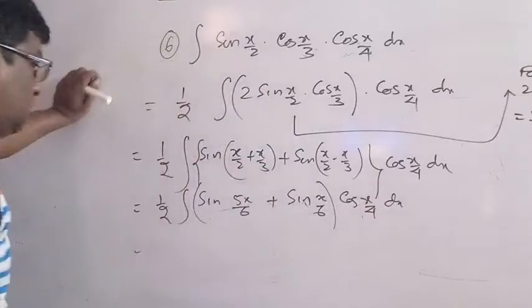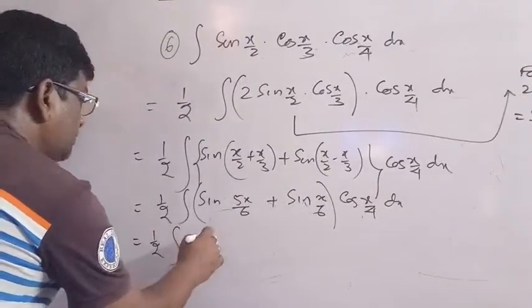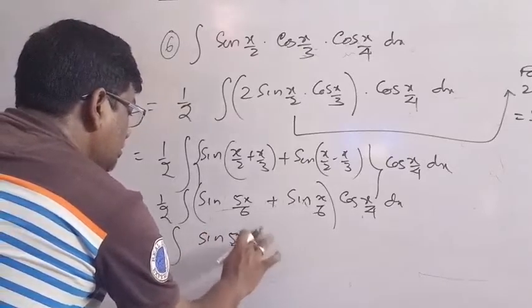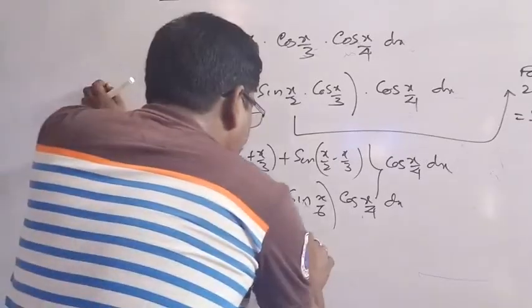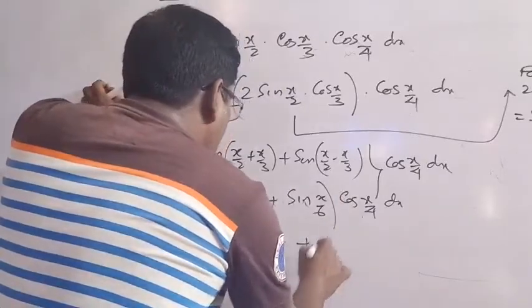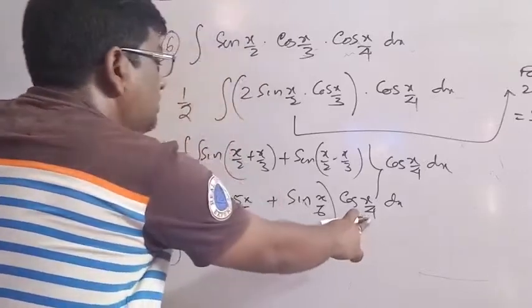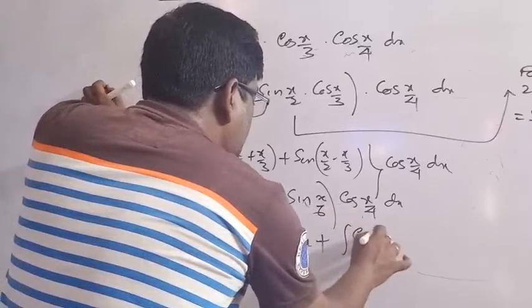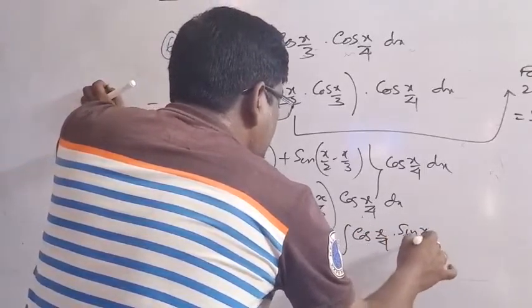Again here that is 1 by 2 sin 5x by 6 into cos x by 4. Similarly here x by 4 is greater than x by 6, so write cos x by 4 first. Integration of cos x by 4 into sin x by 6 into dx.